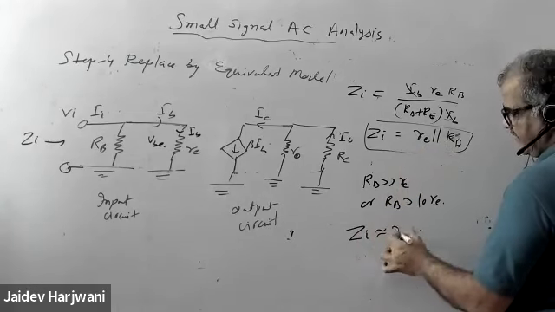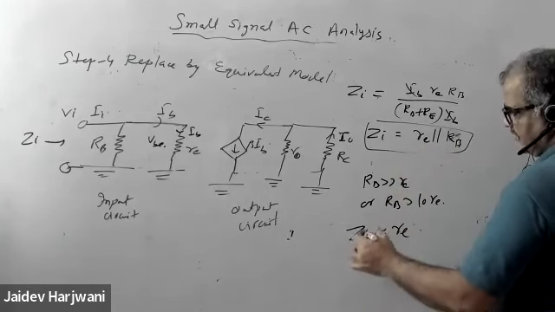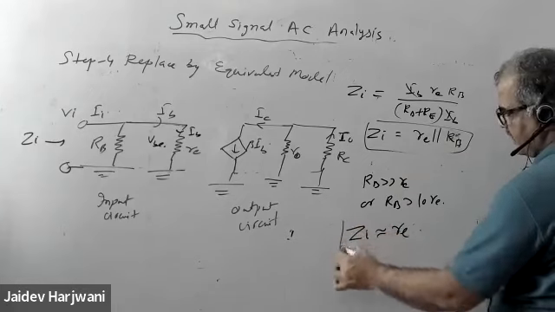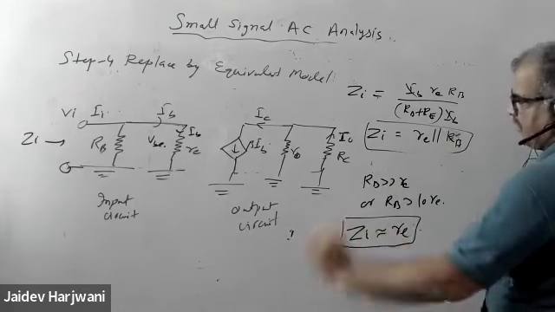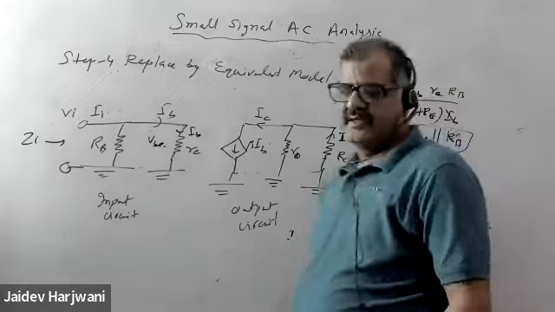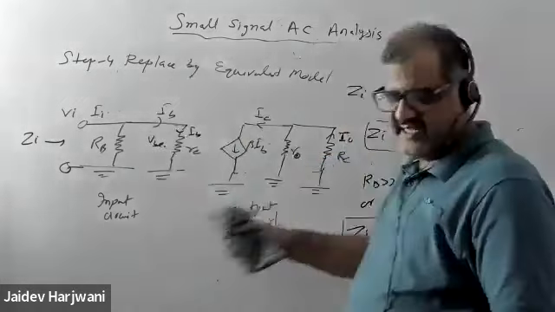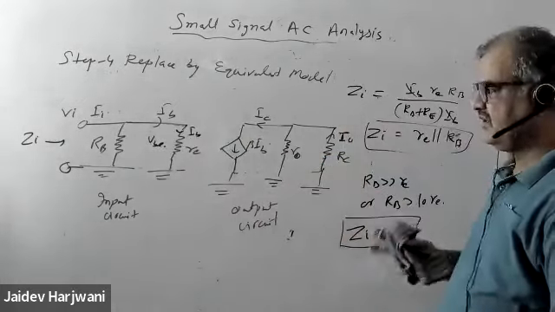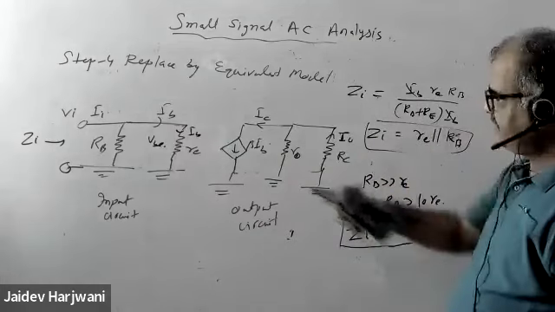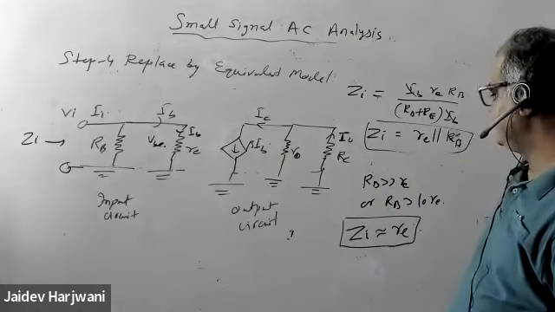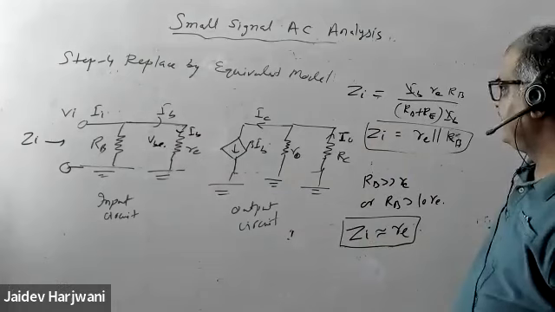So I can simply write the input impedance ZI is just equal to my RE. Once you become habitual, this becomes very easy. This is not a tough thing. Once you do 2-3 problems, then you will understand what method is there. So that is RE.